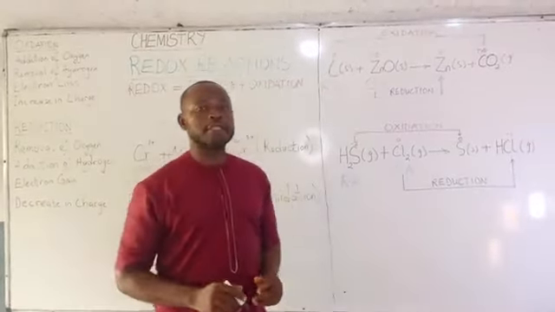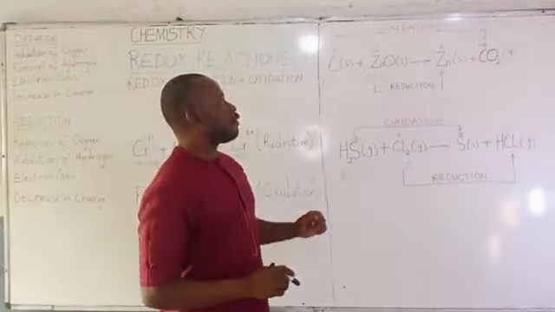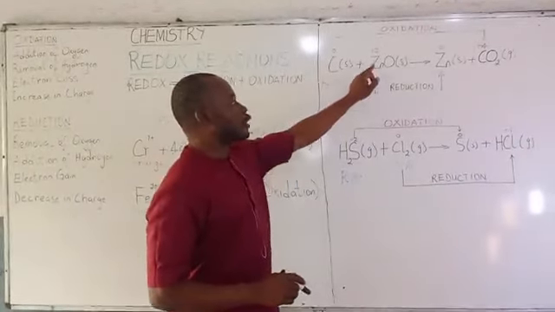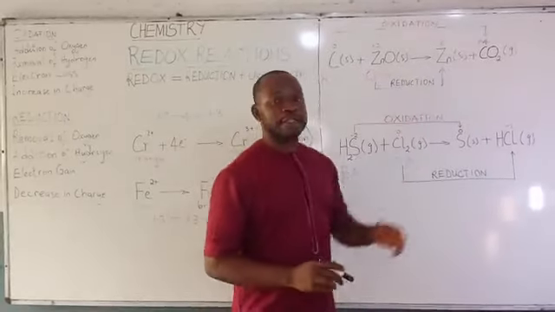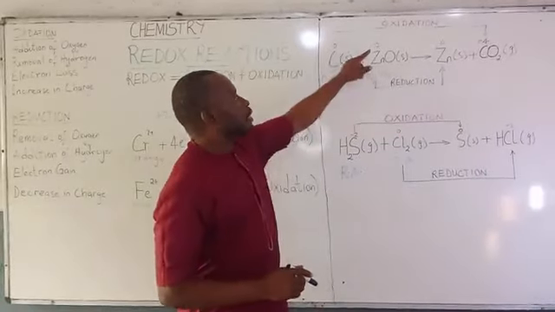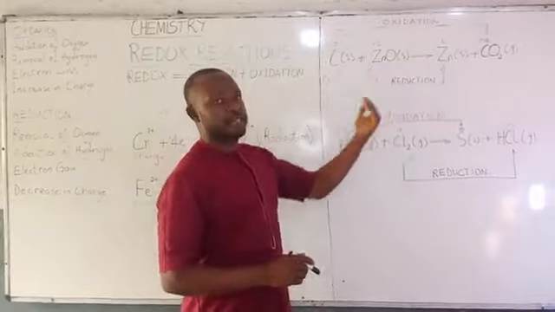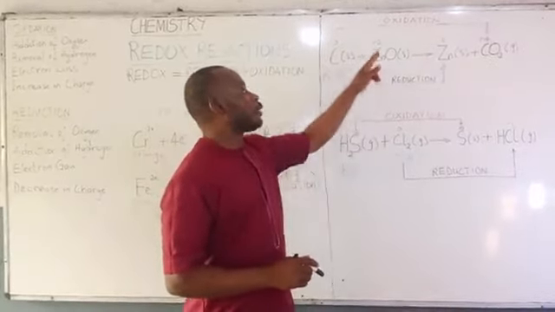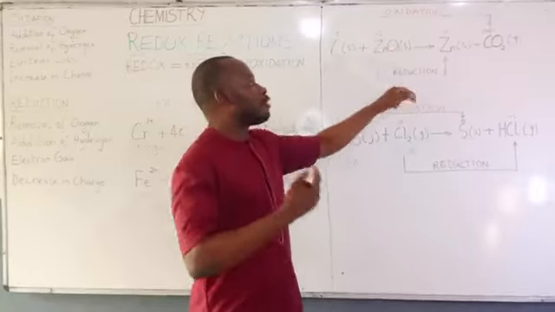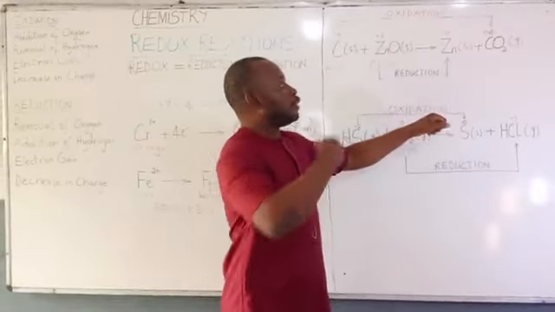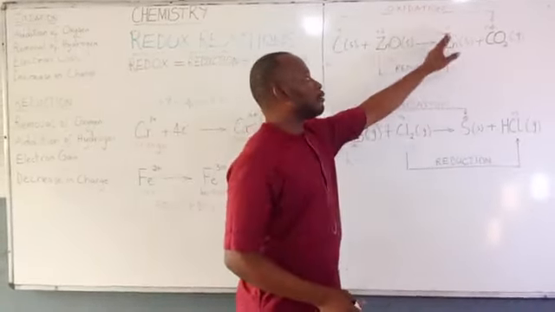Do you understand? What about the reaction involving zinc oxide, which becomes a neutral zinc atom? The charge of zinc here in zinc oxide on the left hand side, on the reactant side, is plus 2, while the charge of zinc on the product side is 0.